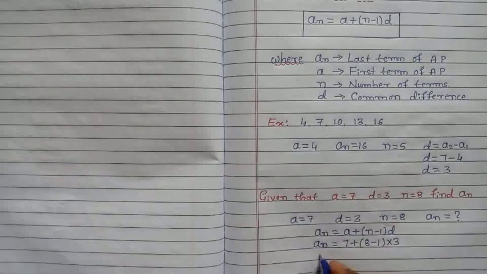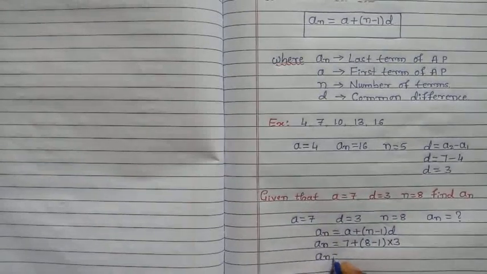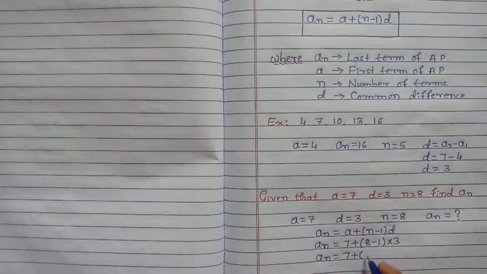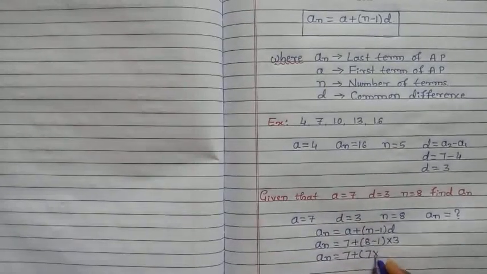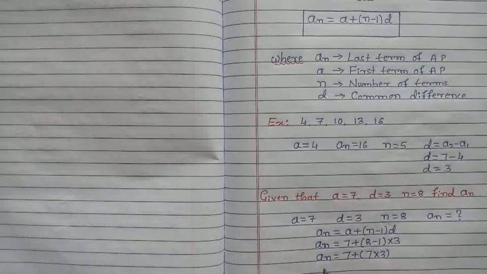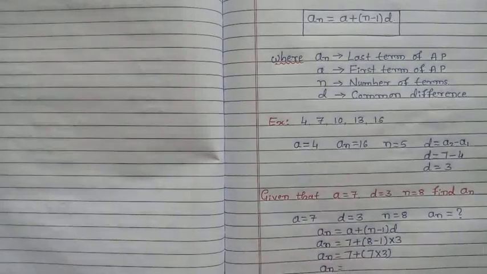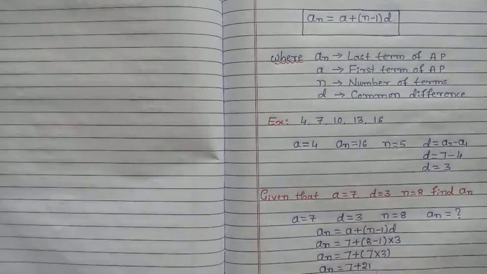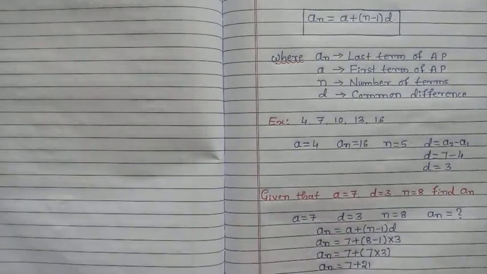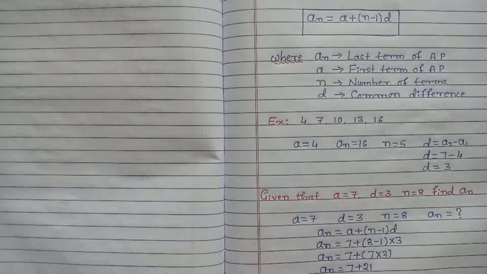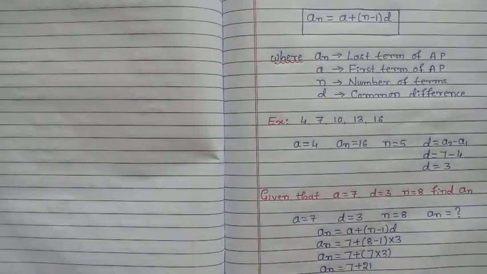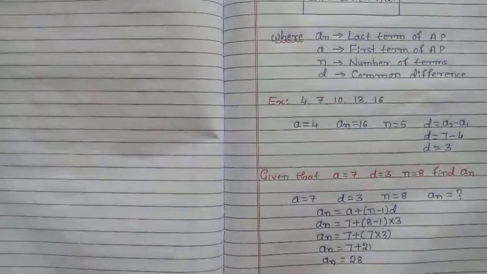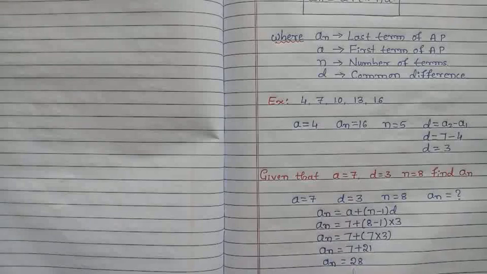So an = 7 + 7 × 3. 7 × 3 is 21. So an = 7 + 21 = 28. Therefore, the last term of the arithmetic progression is 28.